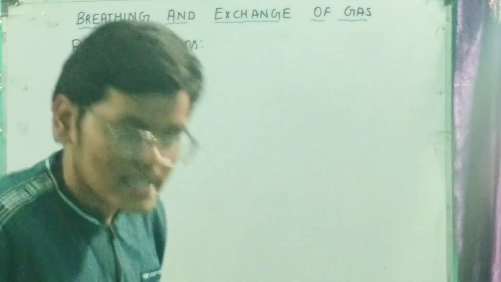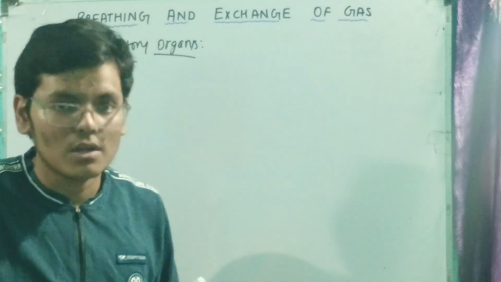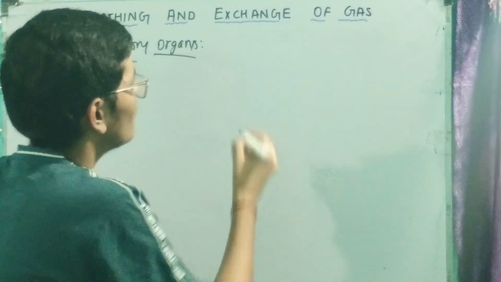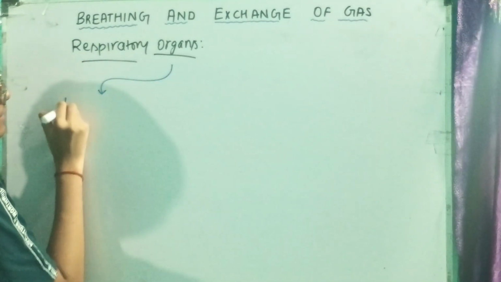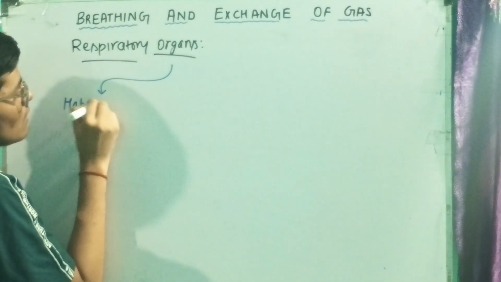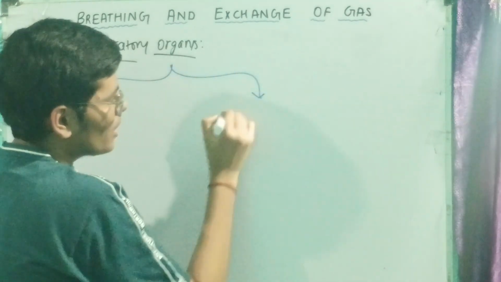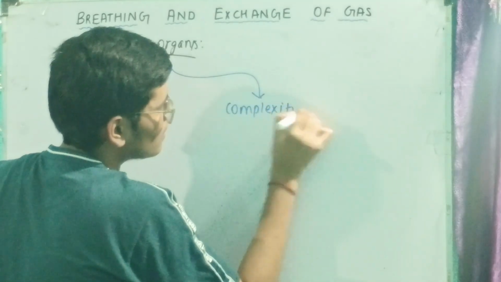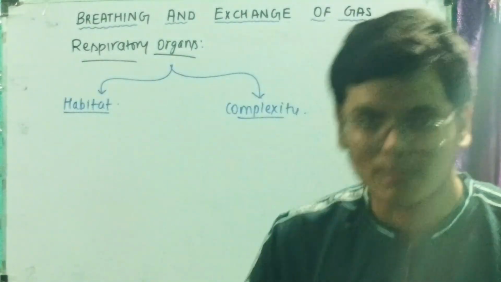Now respiratory organs can differ from animal to animal or from species to species because of two reasons. The first reason is because of its habitat, and the second reason is because of its complexity. One because of habitat and one because of its complexity.